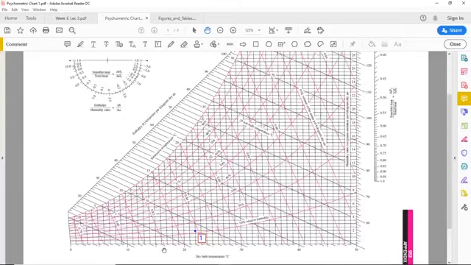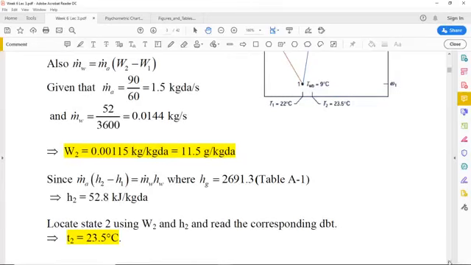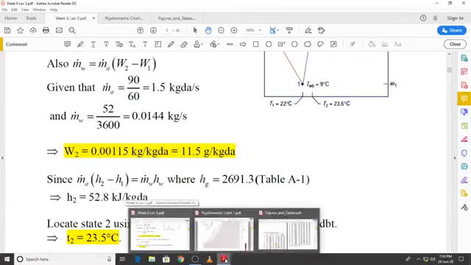So you can find out w2, and you can see that the value of w2 comes out to be 11.5 grams per kilogram dry air. And again, I will go back to the psychrometric chart and mark out the value of w2 on the psychrometric chart, 11.5.